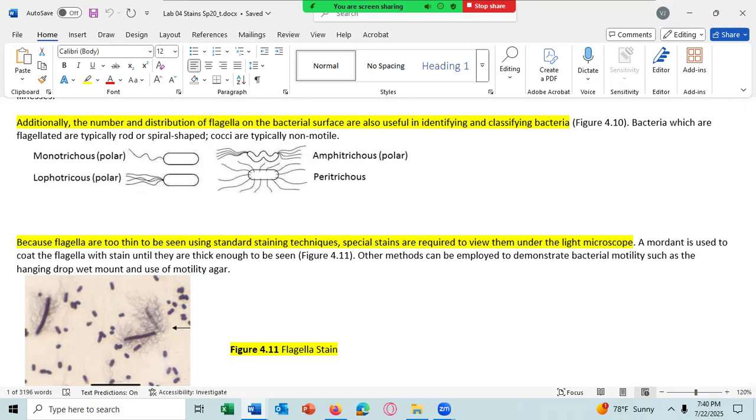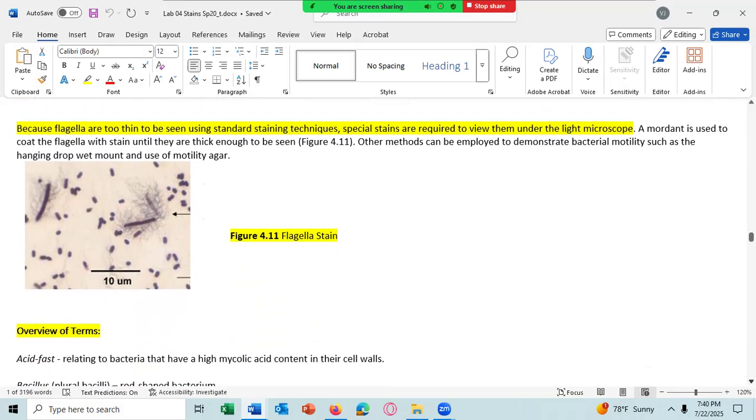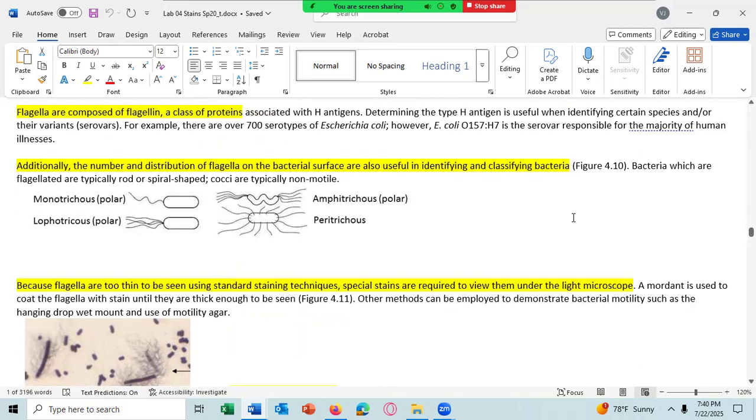Now, when you look at cells, even monotrichous will have two types of cells. And if they're peritrichous, they will have all the different types of cells. Some of the cells will be monotrichous, having one flagellum, but some of the cells will have no flagellum.